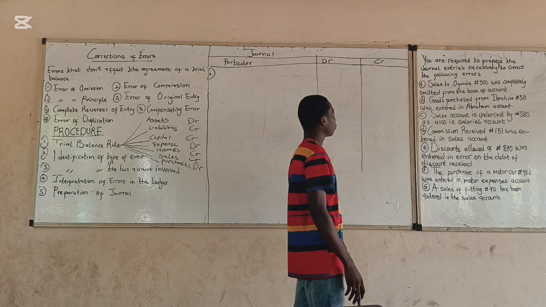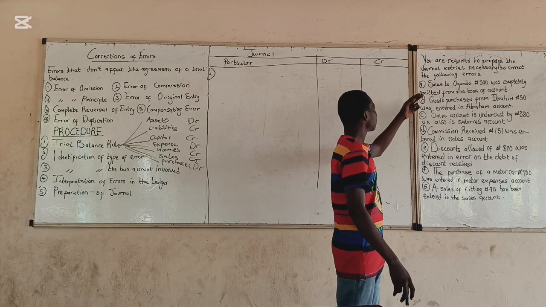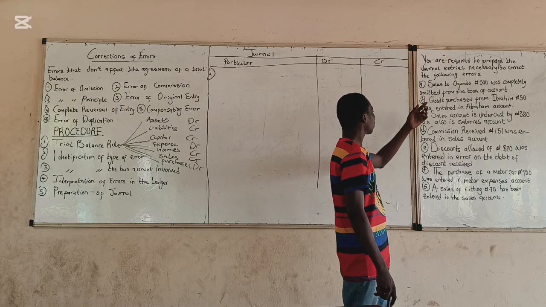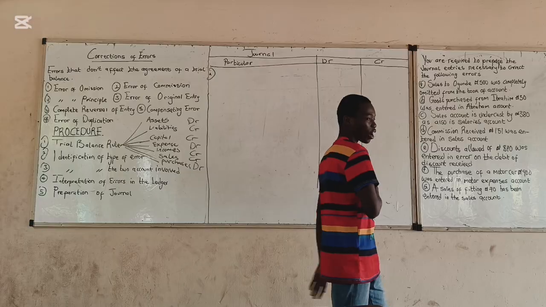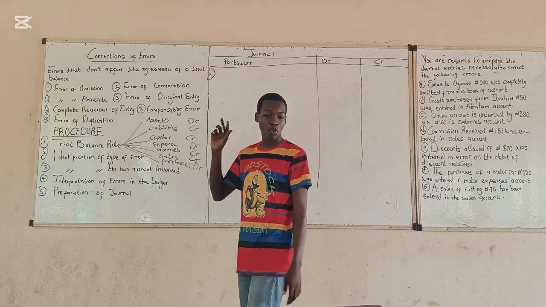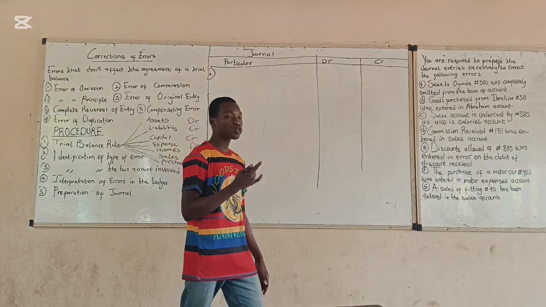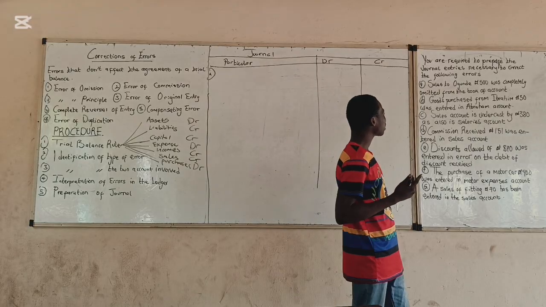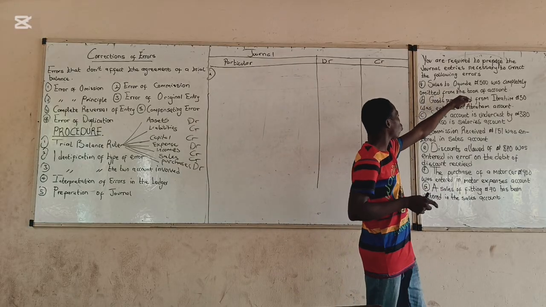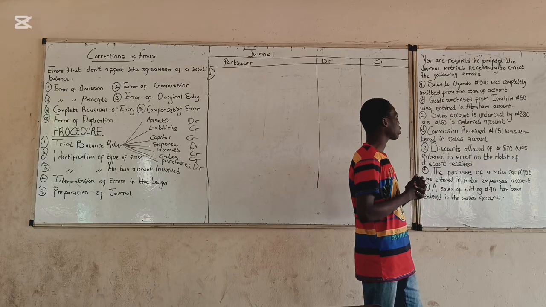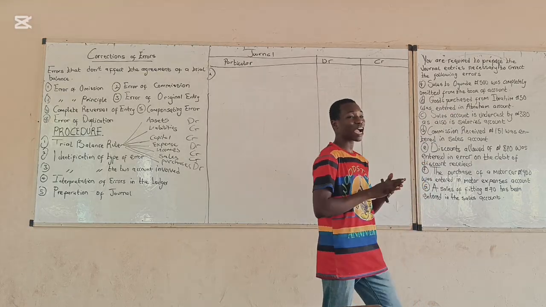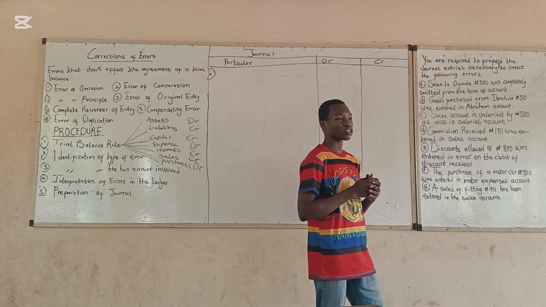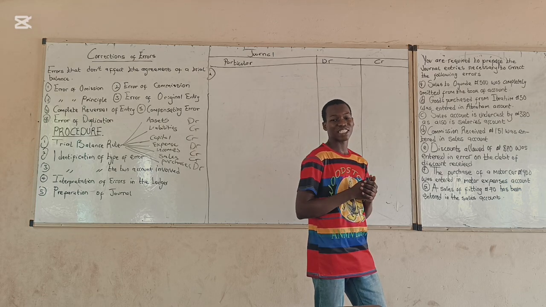So let's start with the first question. The first question we have on the board says, sales to Ogunde 500 naira was completely omitted from the book of account. That is what? Error of omission. Now, what are the two accounts involved? If the transaction was completely omitted, what are you going to do as an accountant?